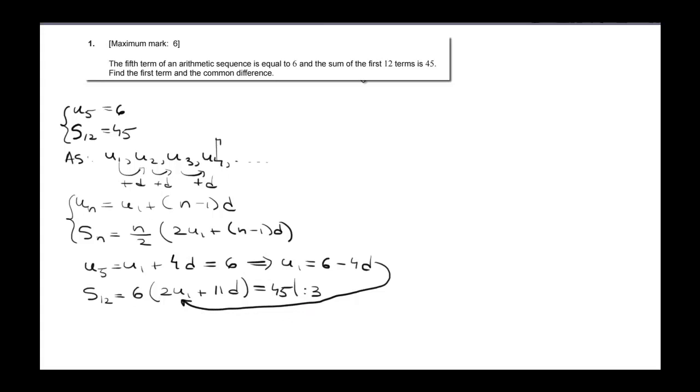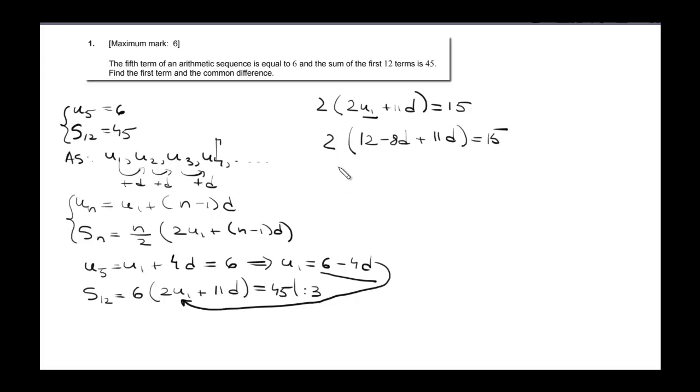Therefore, we obtain 6 divided by 3, 2 into (2U1 plus 11d) equals 45 divided by 3, 15. So instead of U1 I write 6 minus 4d, so that will be 12 minus 8d plus 11d equals 15.